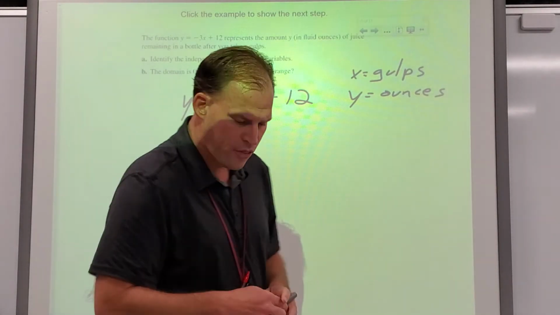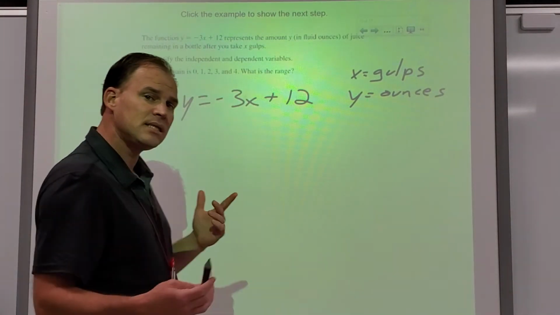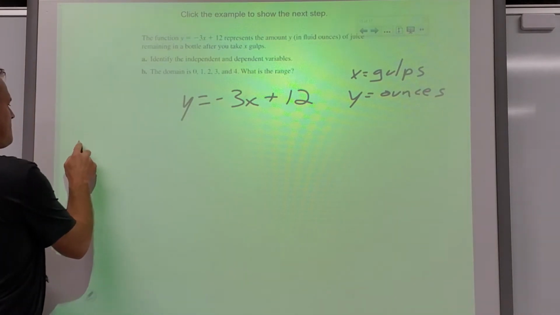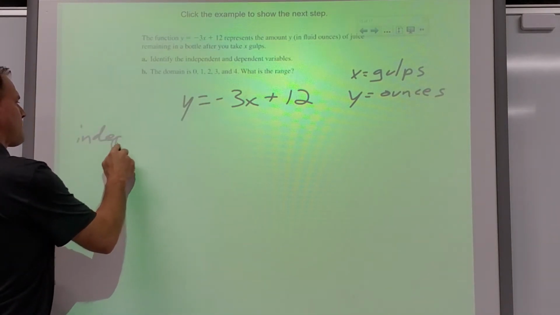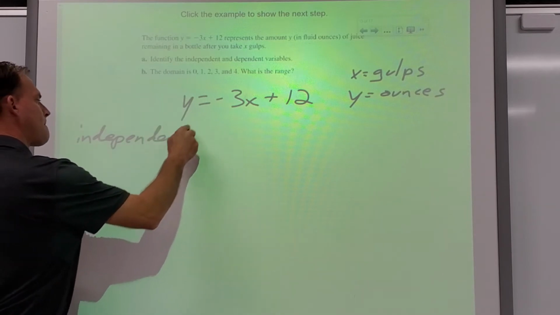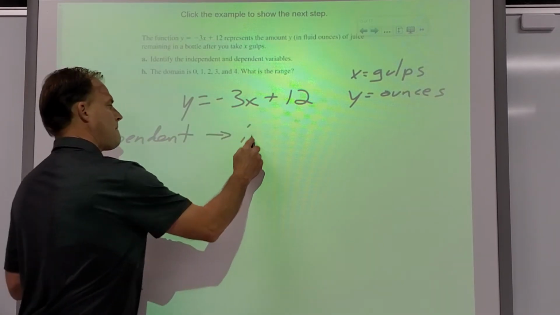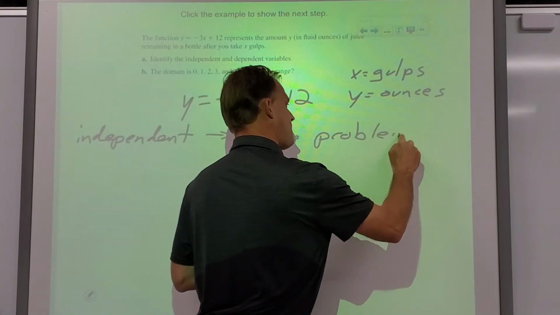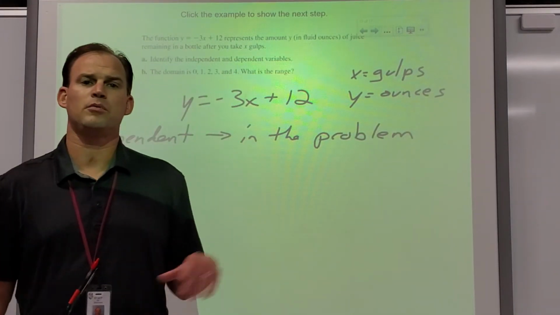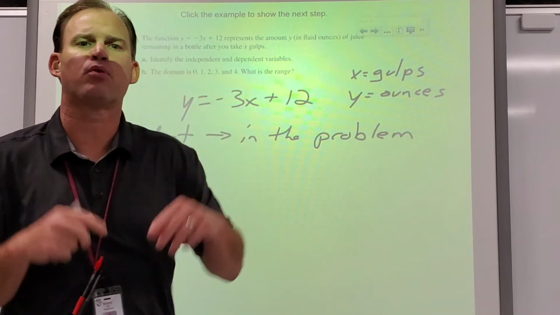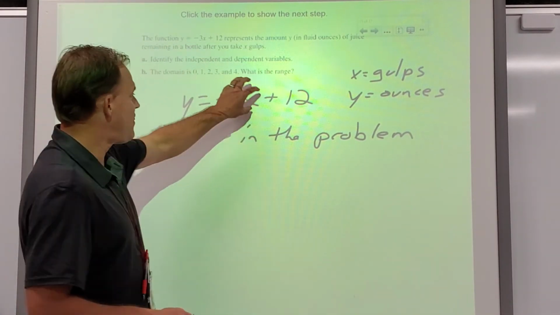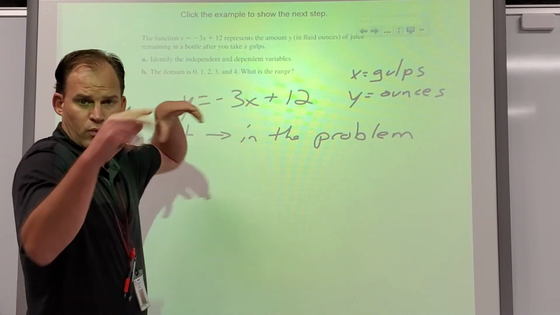So, new thought here. Independent and dependent. The independent variable is the one that's inside the problem. Inside. So if I look here, that is my independent variable, the one that's in there.